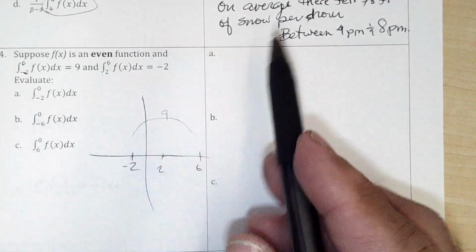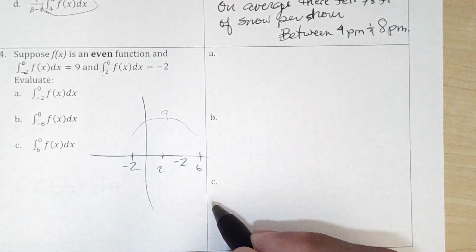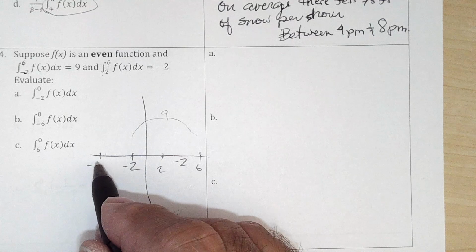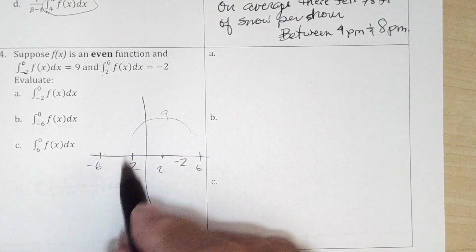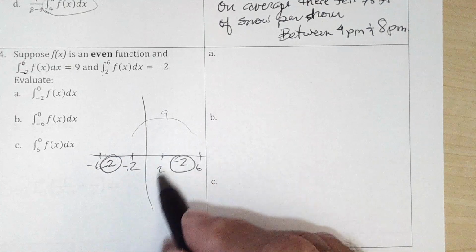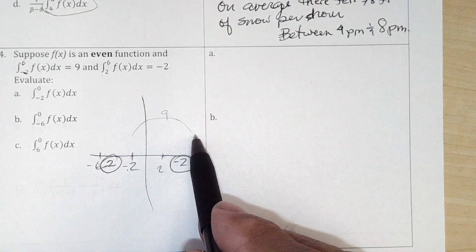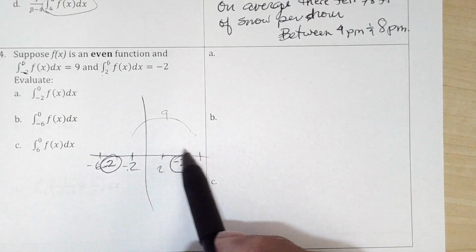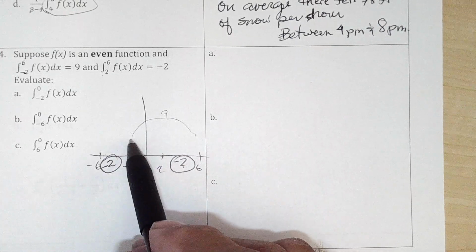From 2 to 6, it's -2, which means from -6 to -2, it also has to be -2. And if there's 9 between here and here, and -2 here, there must be 11 here.